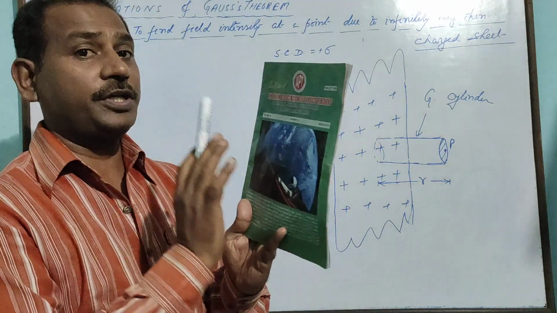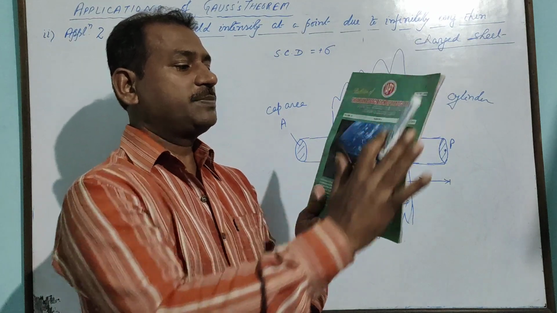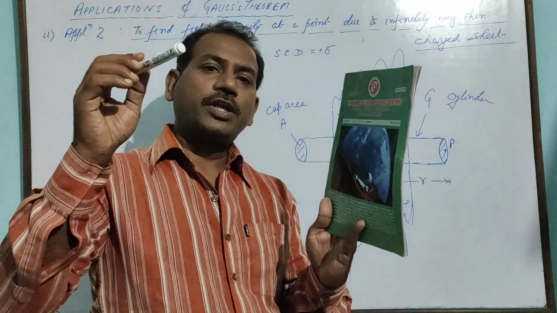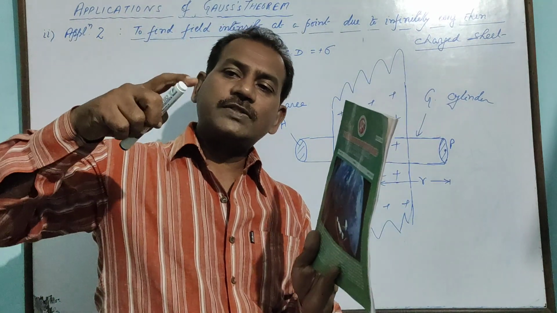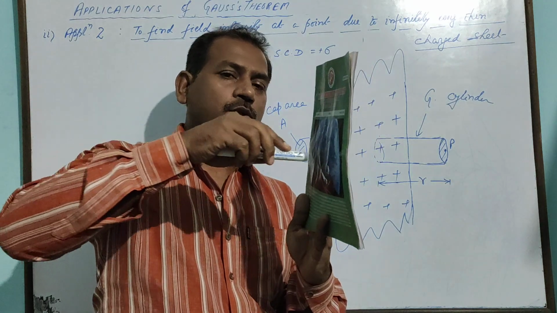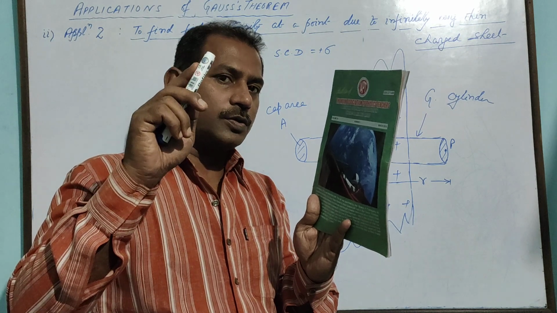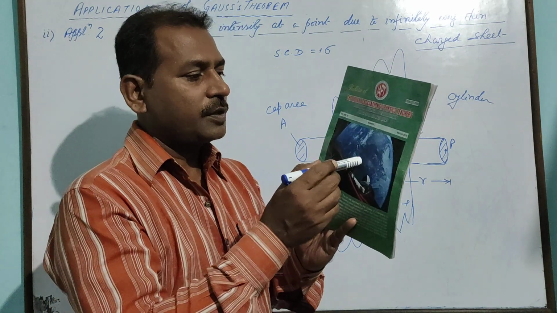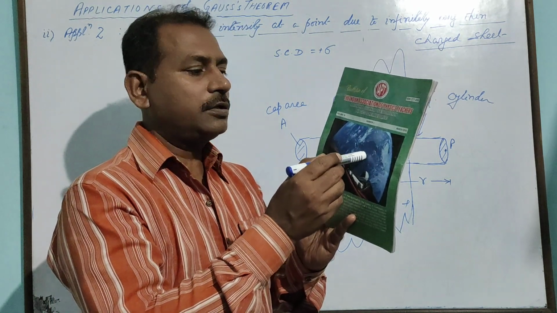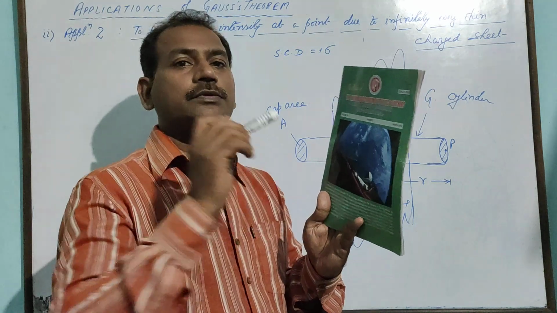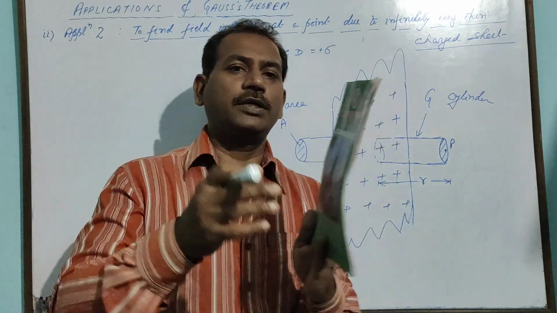So the charge is spread here. Whatever the area the Gaussian surface has, when it passes through, it will enclose only that charge which is present on the surface of this Gaussian cylinder.